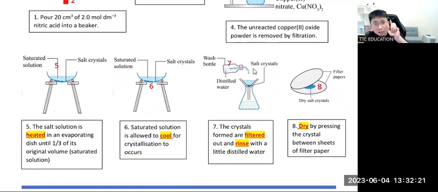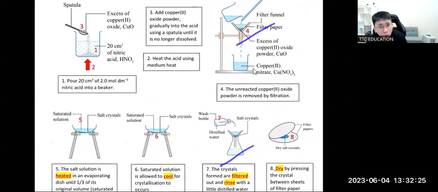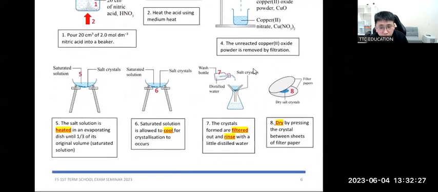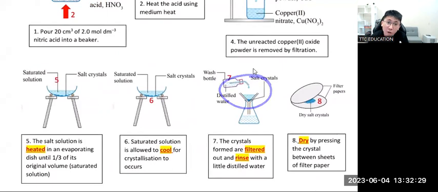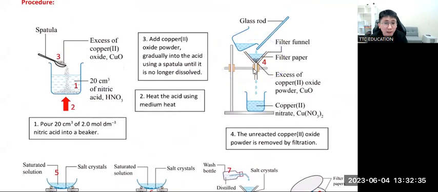Okay, so in this topic, you filter the first time, you filter the second time. So why need to filter 2 times? The second filtering is the one that is extra, compared to the previous topic, neutralization. Because in this reaction you add powder until excess and it cannot dissolve anymore.